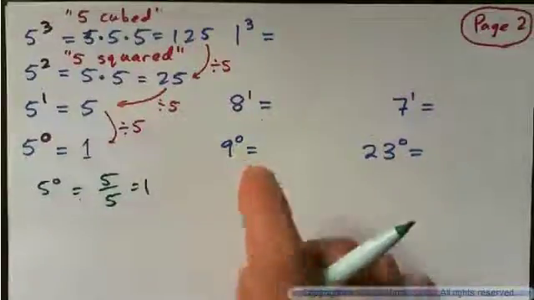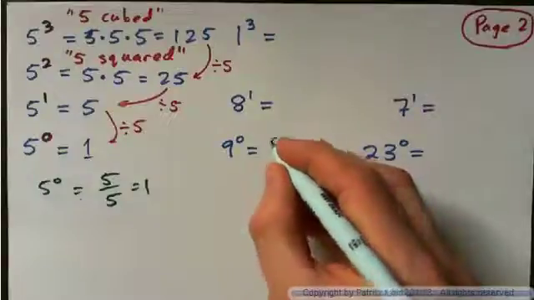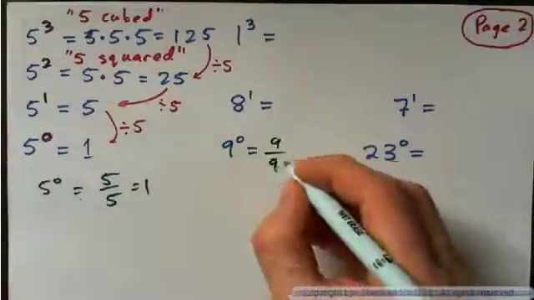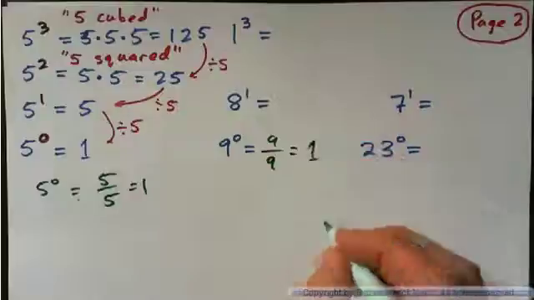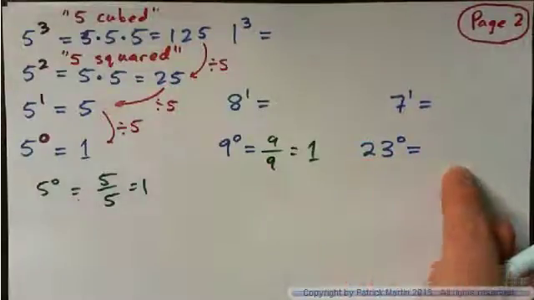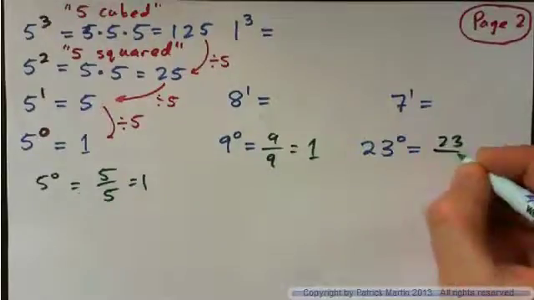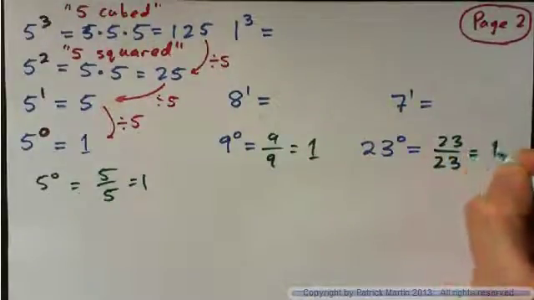And that works for any power of 0. In fact, 9 to the power of 0 would be 9 divided by 9, which is 1. So what do you think 23 to the power of 0 is? Write this down. 23 to the power of 0 is? In fact, 23 divided by 23, which is 1.